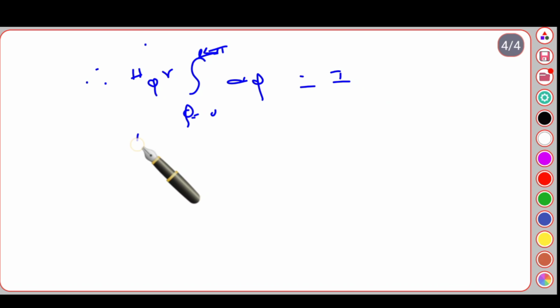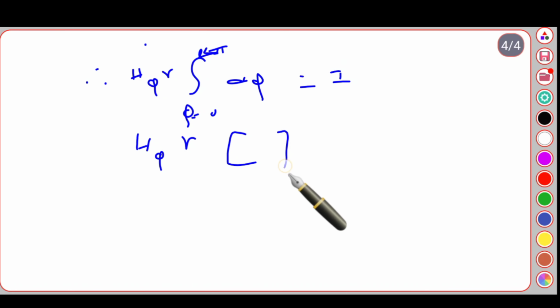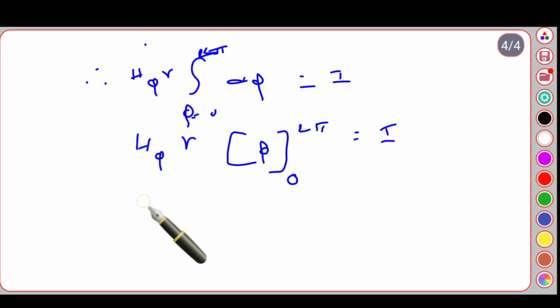Now the integration of d phi is phi. If we apply the limits 0 to 2 pi, we get H phi r times phi from 0 to 2 pi equal to I. Understand this.